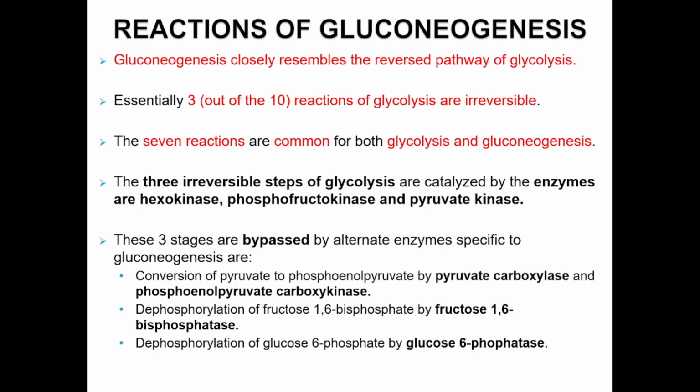If you want to convert fructose 1,6-bisphosphate to fructose 6-phosphate, you need to remove 1 phosphate, the phosphate group from carbon 1. The enzyme for dephosphorylation, for removing phosphate, is usually called phosphatase. The name is the name of the reactant: fructose 1,6-bisphosphatase, because it removes the phosphate.